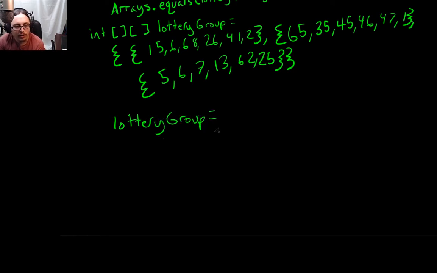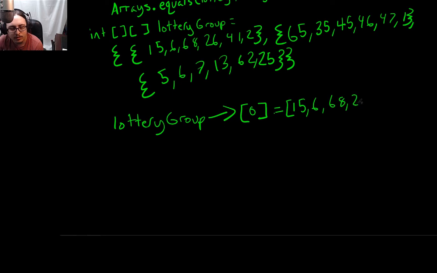You could imagine it like, I'm not going to put the equals there because that's going to be confusing. We can say at position 0, you have an array that is 15, 6, 68, 26, 41, and 2.